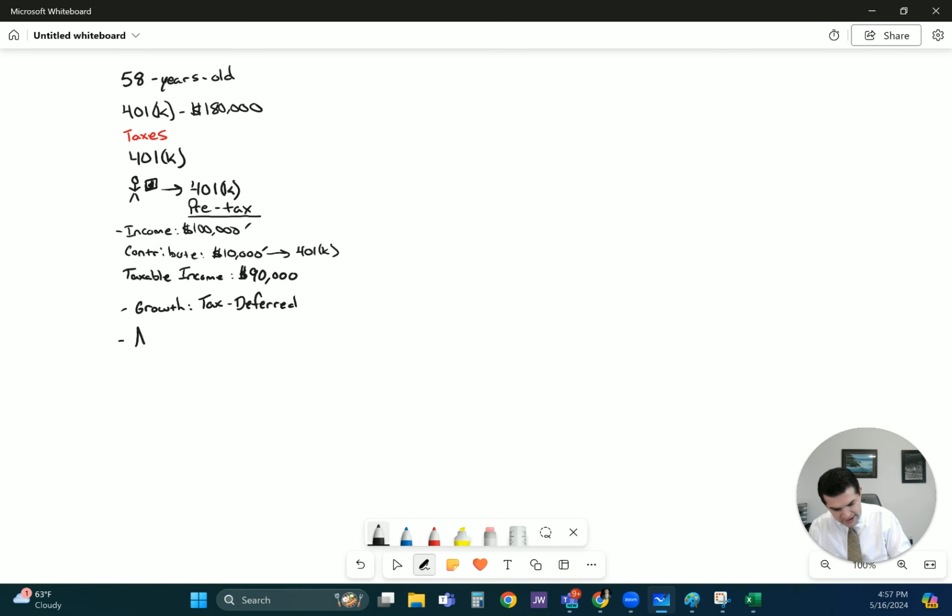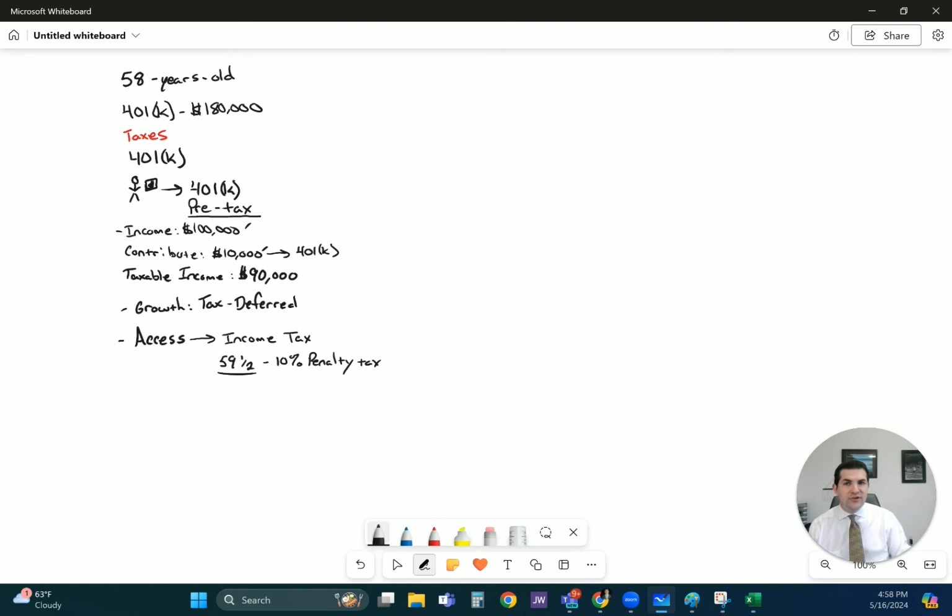Well, when it comes to accessing it, and again, this is just with a 401k, you'll see how this ties into an annuity. When it comes to accessing the money, you have to pay ordinary income tax on everything you access. If you are under the age of 59 and a half, you will likely have to pay a 10% penalty tax if you touch it prior to age 59 and a half.